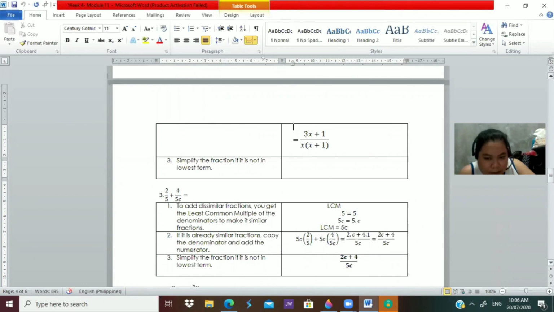Tama naman ang answers na ito. Yan. So, you have 2c plus 4 over 5c. Okay. Sige. So, yung dalawa na lang ang bahalang mag-wrap up.